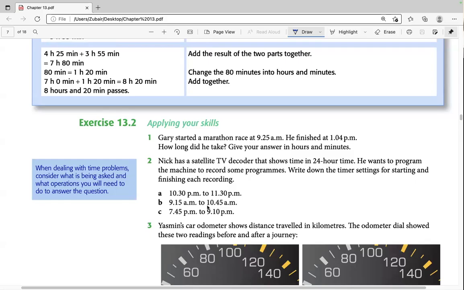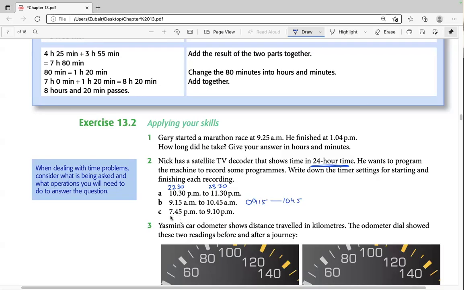Right? 10:30 to 11:30. So this would be 22:30 and 23:30. You have to convert it into 24-hour time. Oh, okay. And that one is AM, so nothing really changes. So 09:15 to 10:45.